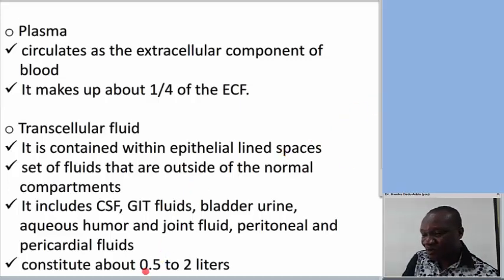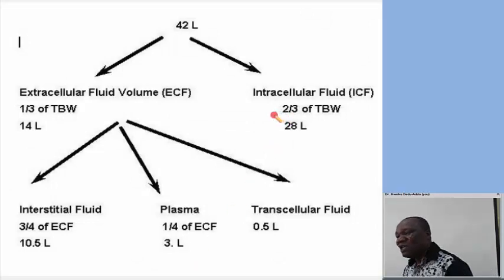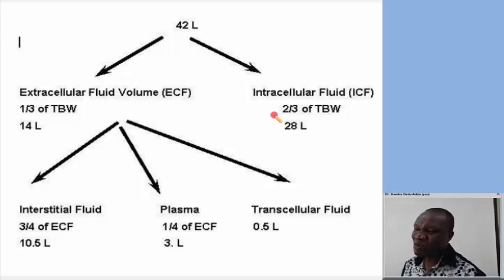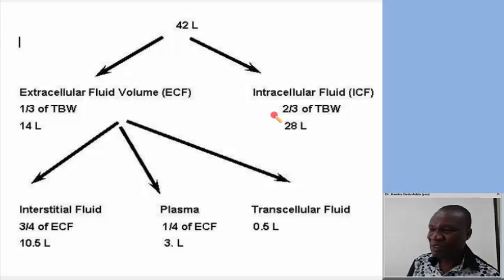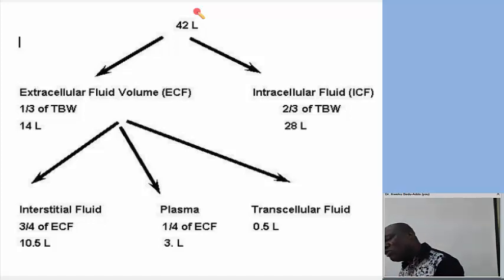Now, this chart is a summary of what we've just talked about concerning body fluids. If we take an individual of about 70 kilograms body weight, that individual would have about 42 liters of water.